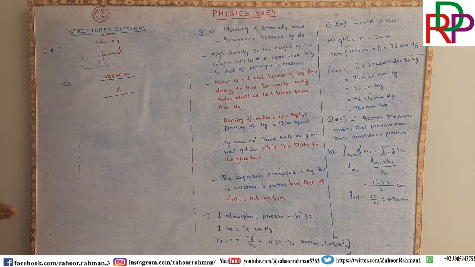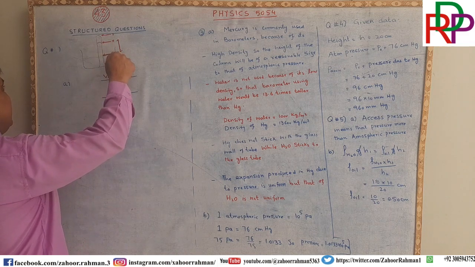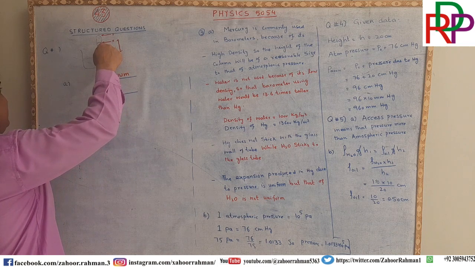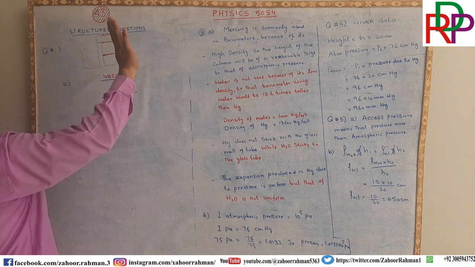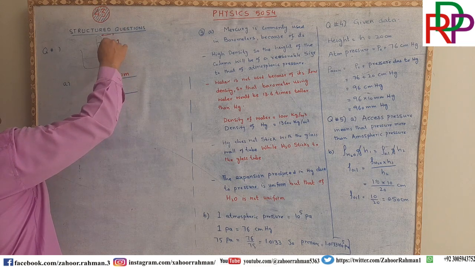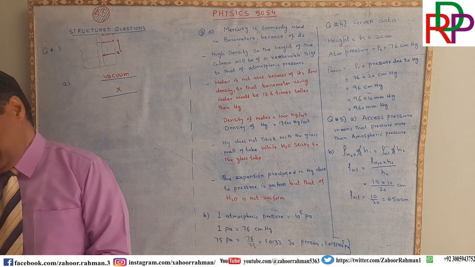Between Z and X there will be atmospheric pressure. They are saying draw a point which will tell you that between Z and dash, they have given us two points, X or Y, but it is not Y. From here till 76 centimeter of Hg will be the pressure. So in the second there is X.